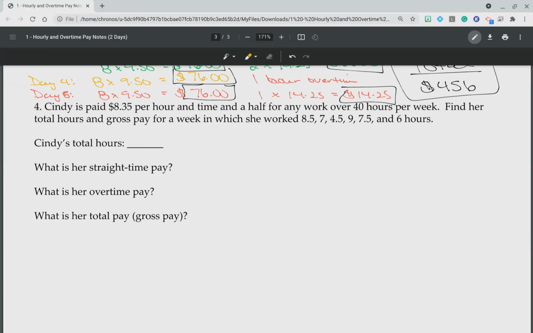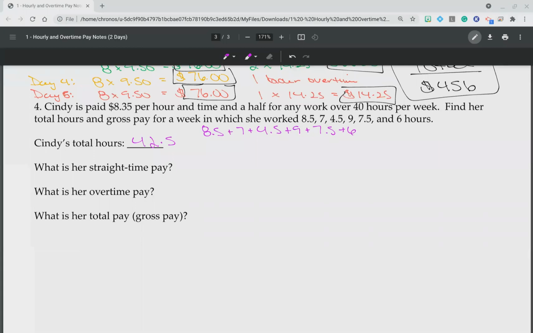If you go over the 40 hours per week, then you get the overtime. So it says find her total hours and gross pay for a week in which she worked 8.5, 7, 4.5, 9, 7.5, and 6 hours. So first thing you need to do is calculate the total number of hours that Cindy worked this week. So go ahead and give that a try.